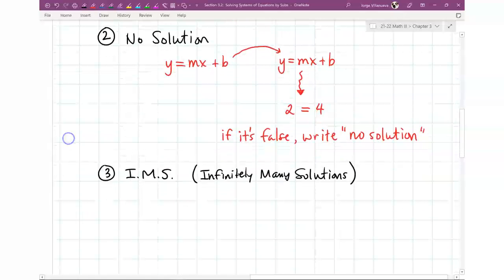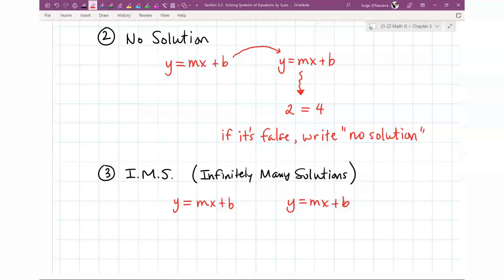So, infinitely many solutions starts the way no solution does. You get y equals mx plus b, and you're going to have another equation. By the way, they don't have to be in slope-intercept form. They could be in standard form, meaning they may not be solved for y. They could be like 3x minus 2y equals 8. I mean, they're just two equations, okay? You're going to substitute in, and you're going to do some work.